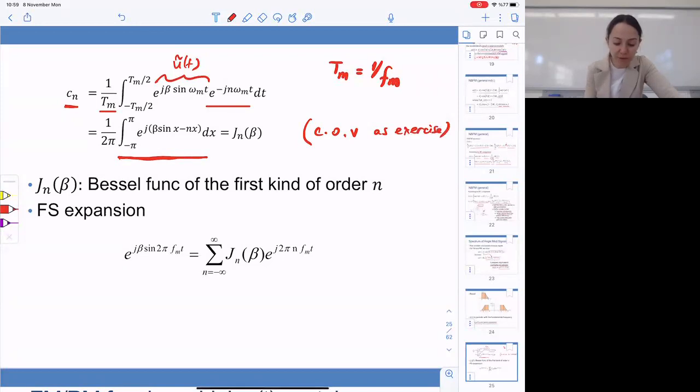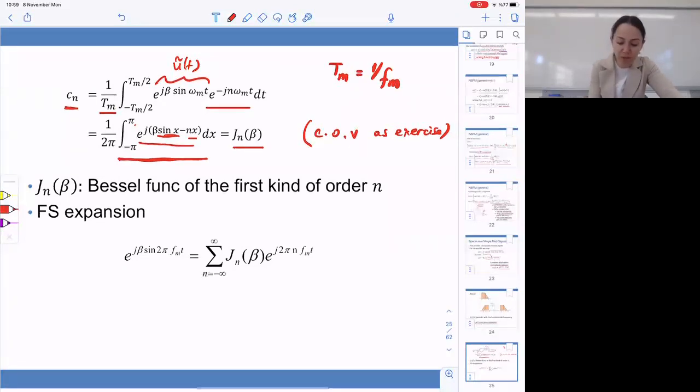You can show that this integral is from minus pi to pi, 1 over 2 pi, e to the j (beta sine x minus nx). It looks like something that is not going to be evaluatable in closed form, and it isn't. This thing is known as the Bessel function of the first kind of order n.